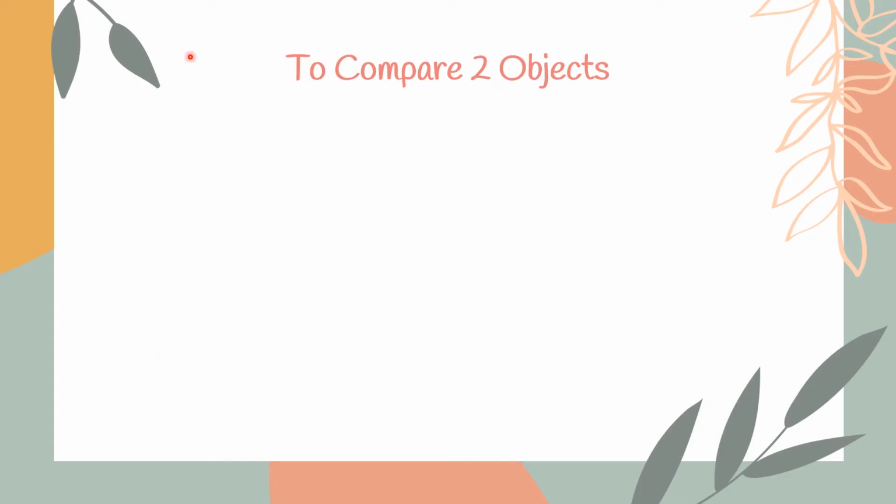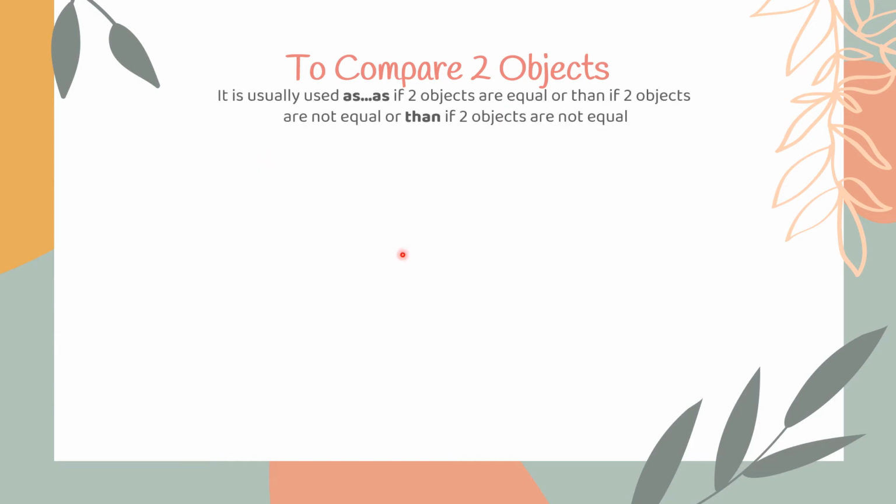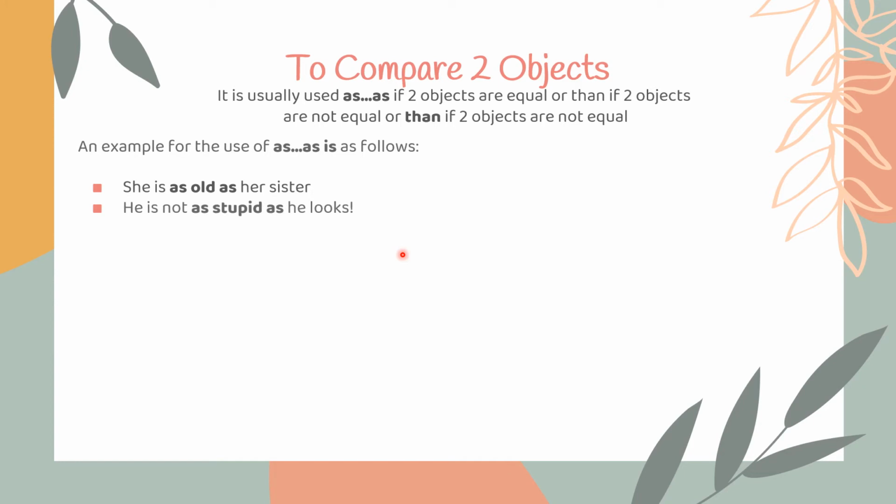Okay, next. To compare two objects, we usually use as and than. If two objects are equal, we use as, and if two objects are not equal, we use than. Examples of the use of as are as follows. She is as old as her sister.